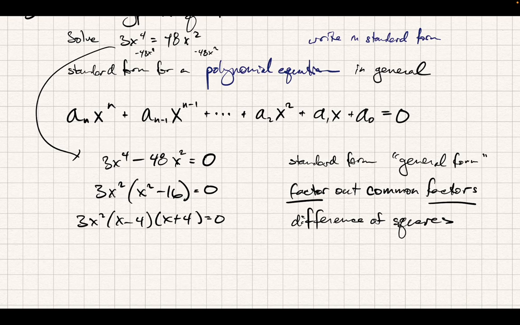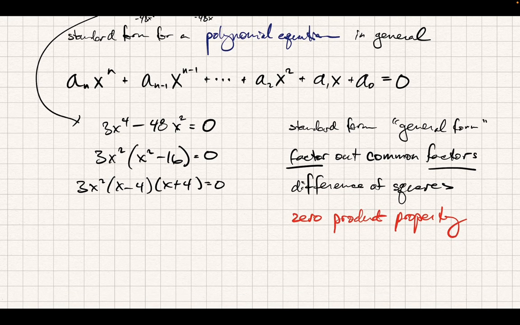Now what do I do? You figure out what number could cause it to equal 0. So you set everything equal to 0. What's the property called? The zero product property. We're going to use this 105 more times in this class, so I would like you to learn this term.